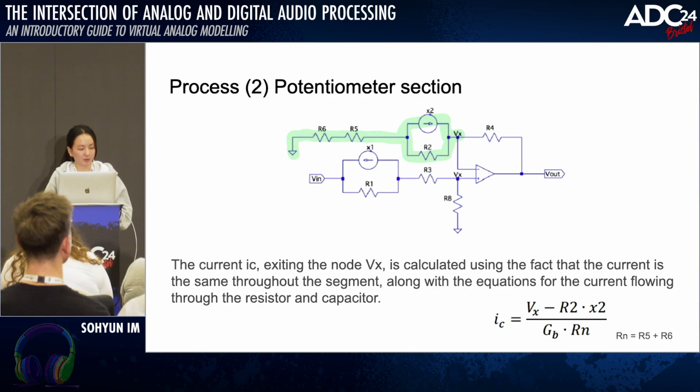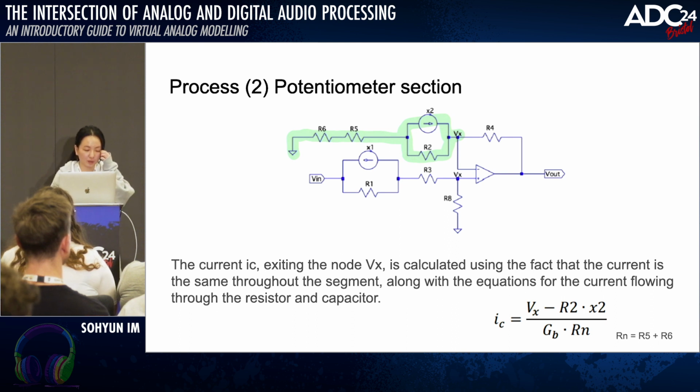In the potentiometer section, the current IC exiting the node Vx is calculated using the fact that the current is the same throughout the segment, along with the equations for the current flowing through the resistor and capacitor.